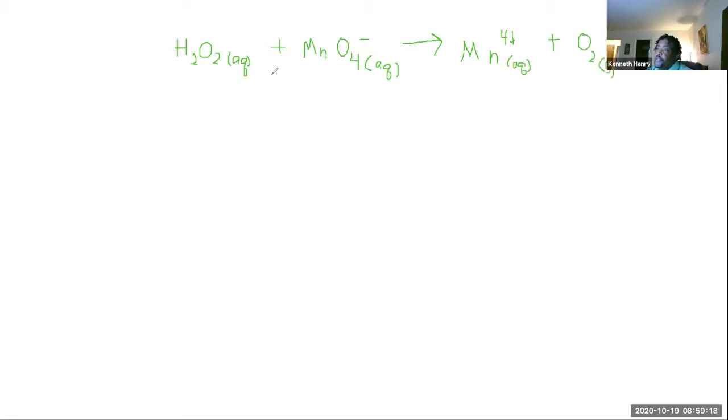Okay, and you guys know that this is hydrogen peroxide. So step one: break it into two reactions. Who's LEO? Loss of electrons, oxidation.